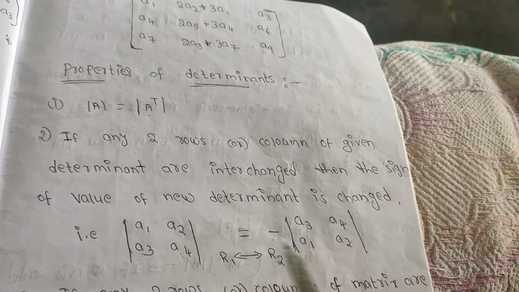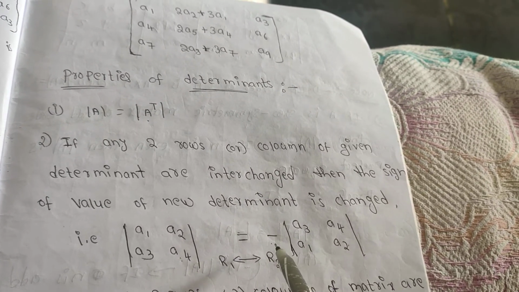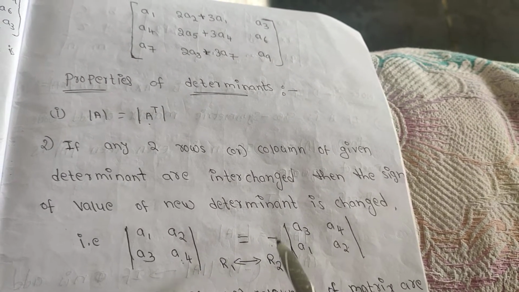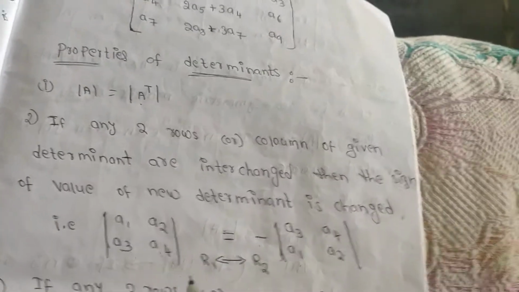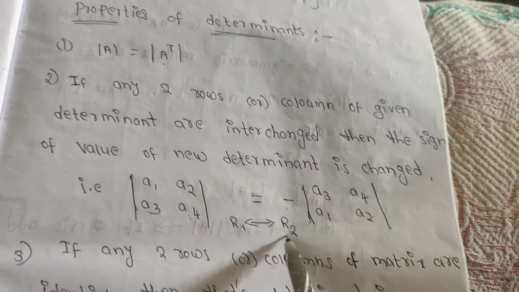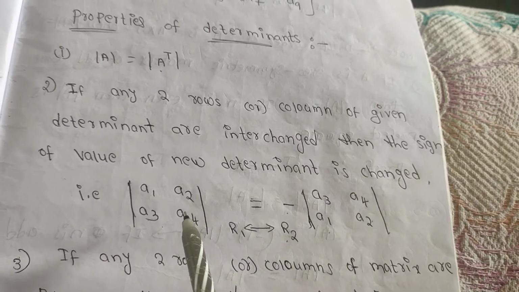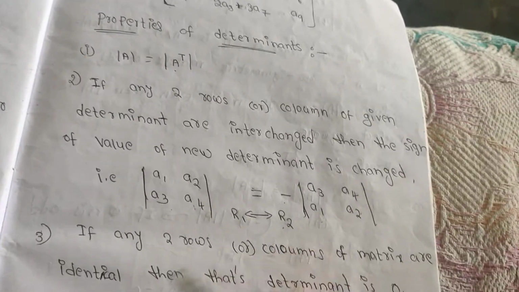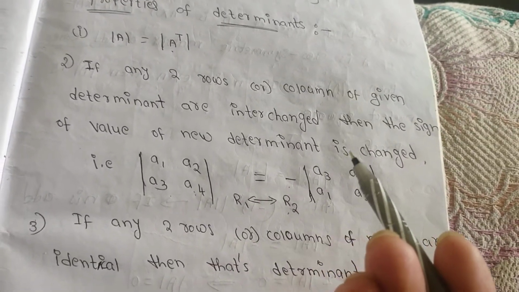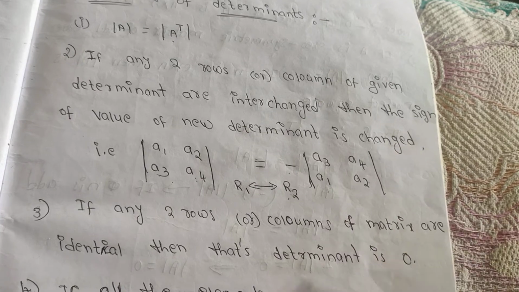To equate these two, you write minus into minus 3, which gives plus 3, so it is 3, it is also 3. So if you interchange R1 and R2, the new determinant's sign will be changed.